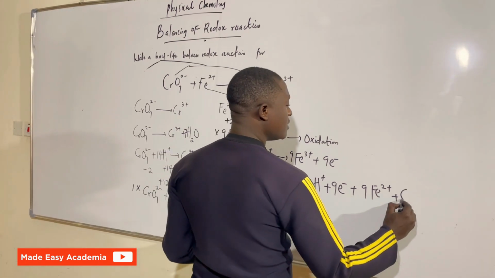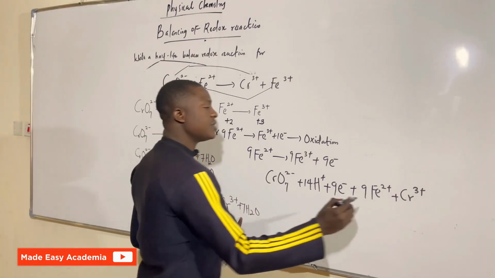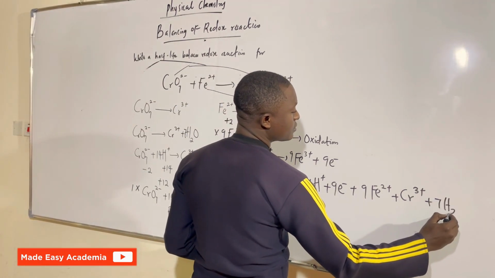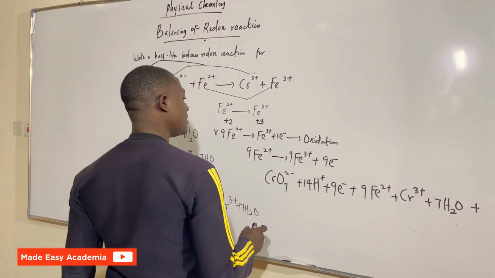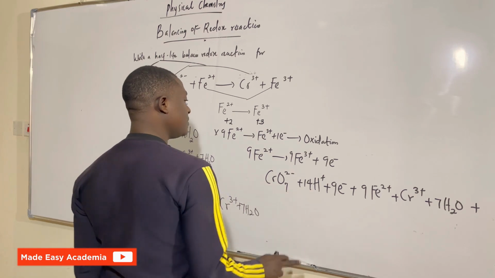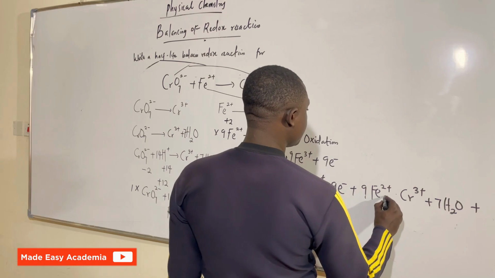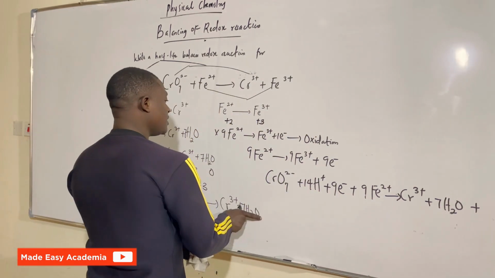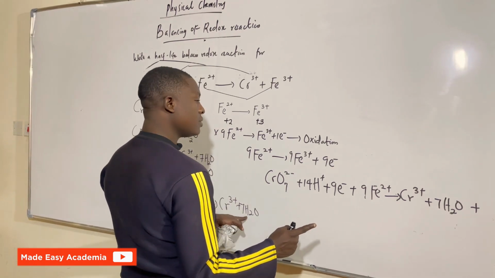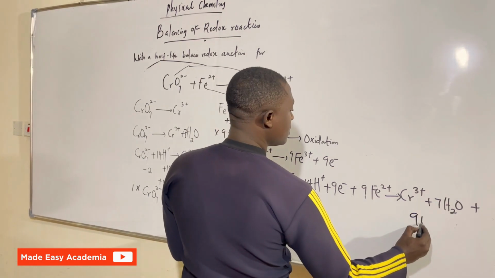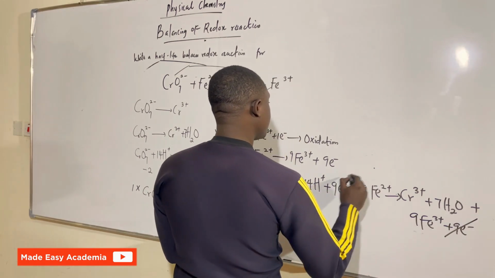And the product: Cr3 plus plus 7 water, plus, sorry, this is supposed to be this. So the one at the product, this one and this one: 9 iron 3 plus plus 9 electron minus. So they can cancel, you can see they are the same.